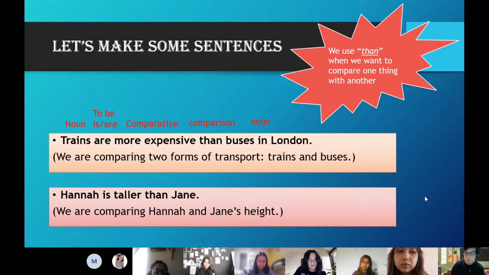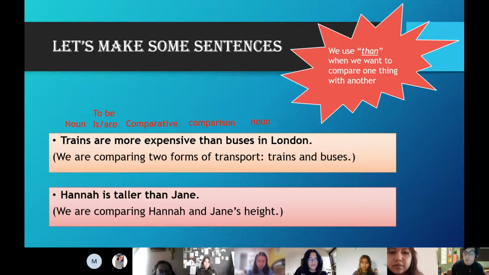Let's see. Somebody can tell me what is the structure for these sentences? ¿Puede alguien decirme acerca de la estructura de estas oraciones? The structure is noun plus to be, is or are, and comparative plus comparison and noun.